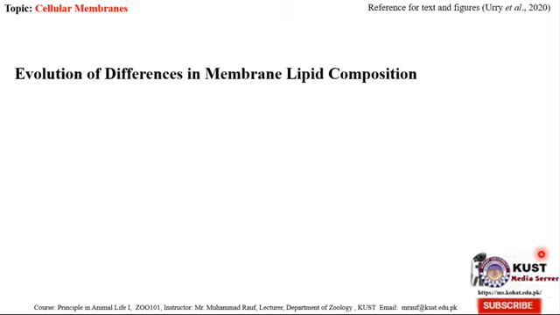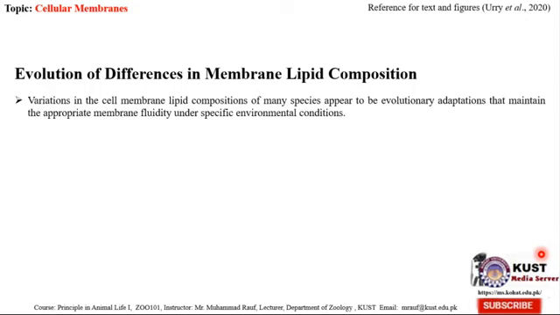Now, evolution of differences in membrane lipid composition. Obviously the cell is covered by a membrane, and we have lots of types of cells in the living kingdom, and the organelles present inside, suspended in the cytoplasm, are also covered by distinct specific membranes.